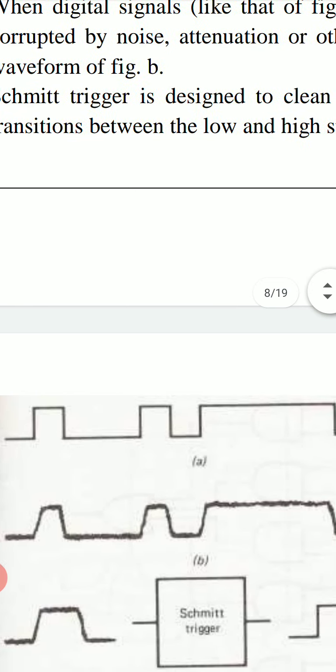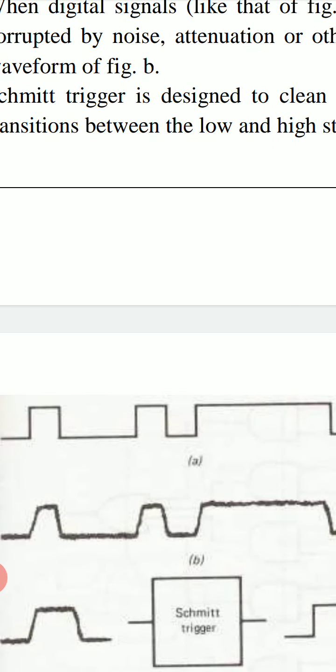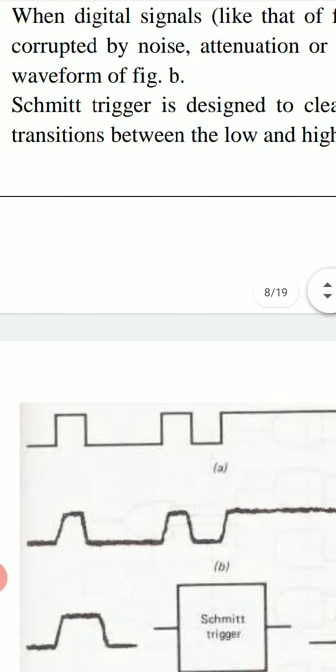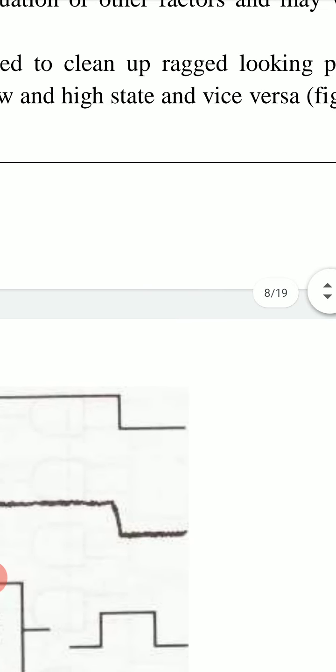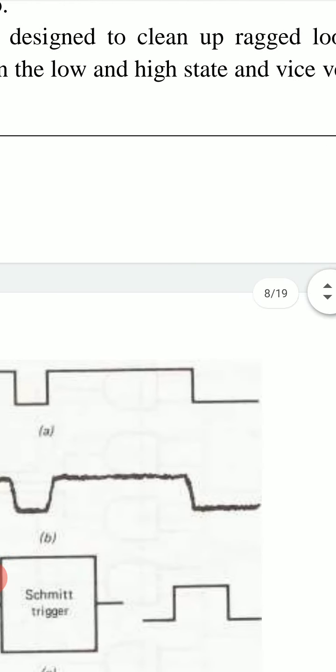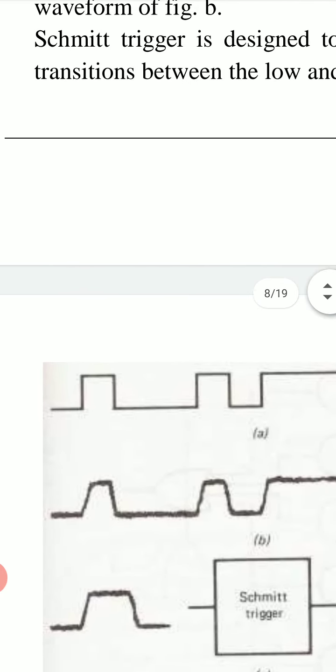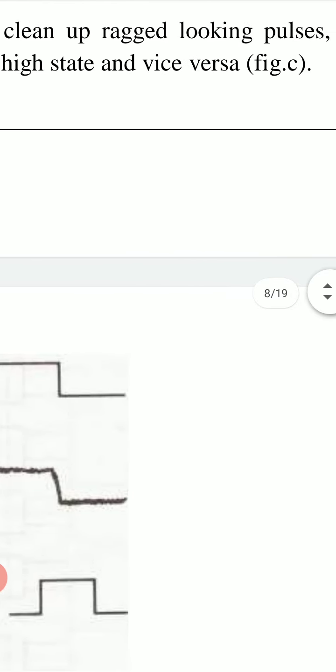A Schmitt trigger is a TTL circuit that is designed to clean up ragged looking pulses, producing almost vertical transitions between the low and high state and vice versa.